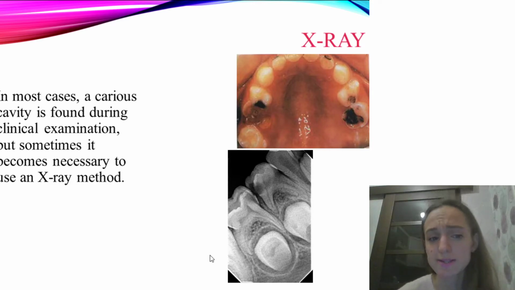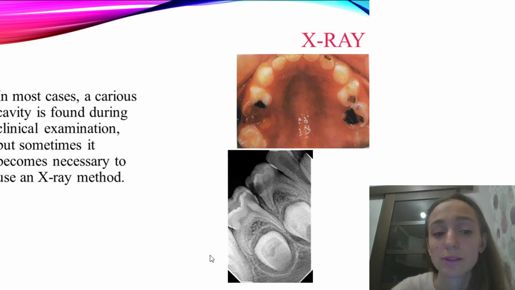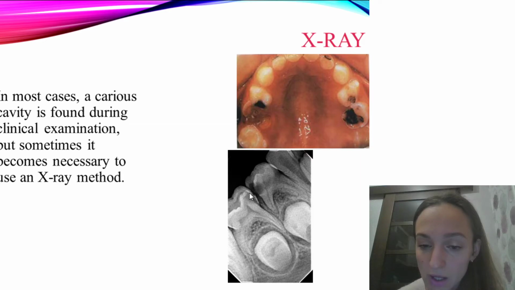X-ray. In most cases, a caries cavity is found during clinical examination, but sometimes it becomes necessary to use the X-ray method. You can see an X-ray, and here we can see the first deciduous molar. Then we can see the proximal surface.